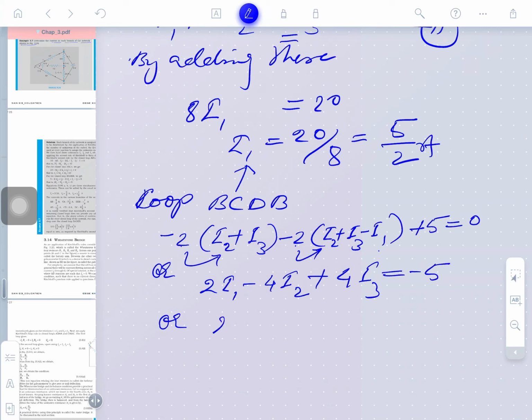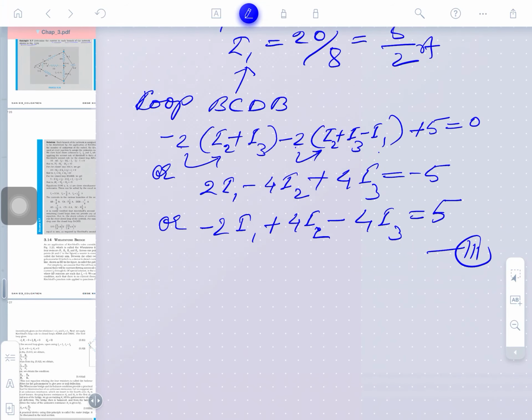This can be written as 2 of I1 negative, positive 4 of I2 and negative 4 of I3 is equal to plus 5. Clear? This is equation number third also there.